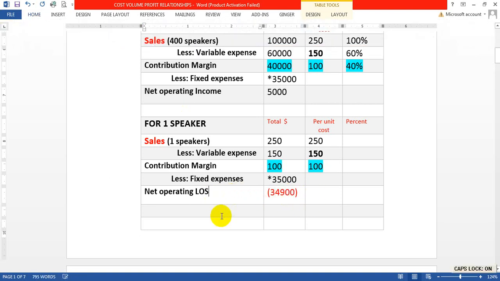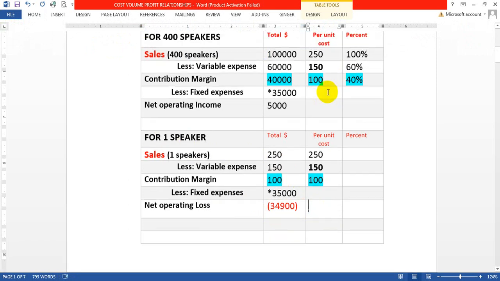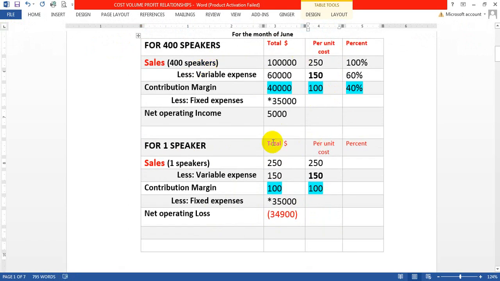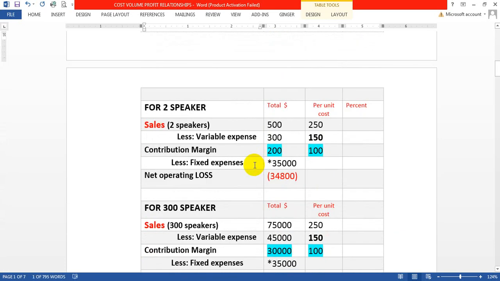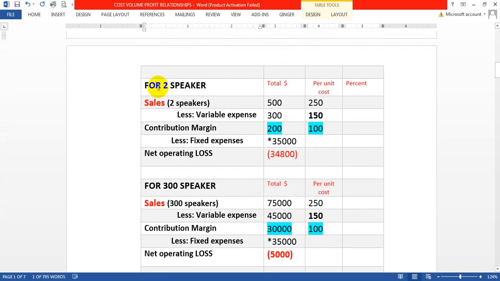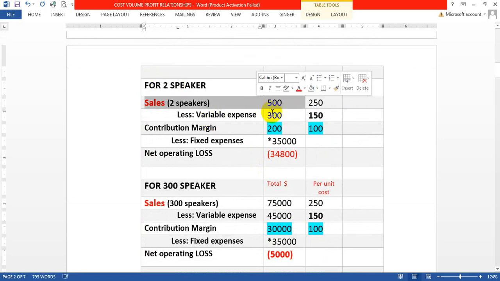So no one wants to prepare only one unit. Obviously, if the organization is manufacturing something, they would make more units. Now we are checking: if the company is producing 400 units, or 1 unit, or 2 units, what will be the impact on 2 units?